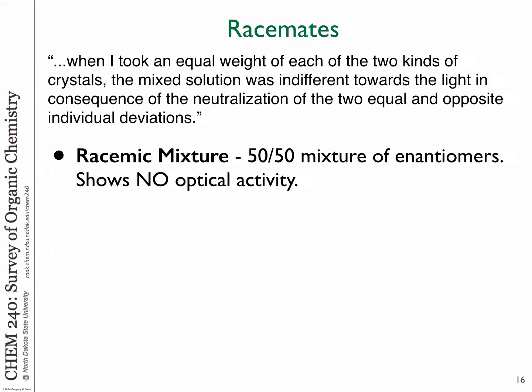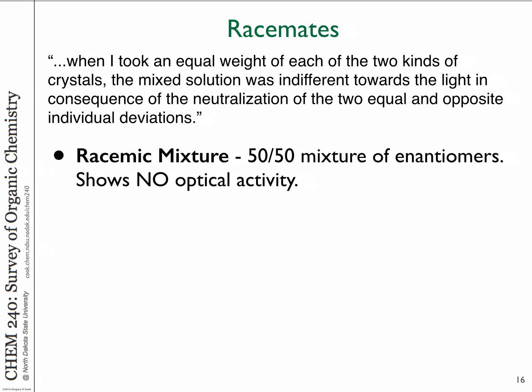One of the observations that Louis Pasteur made, he talks about it here. When I took an equal weight of each of the two kinds of crystals, the left and the right, took an equal amount and mixed them together, he says they were indifferent towards the light and neutralized the equal and opposite deviation.